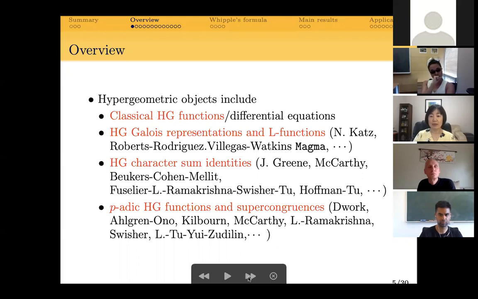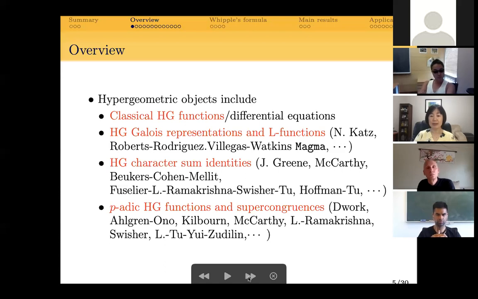He constructed L-functions that correspond to what we call hypergeometric data. And later, David Roberts, Fernando Rodriguez Villegas, and Mark Watkins used hypergeometric data and the corresponding L-functions to construct families of very nice, highly computable L-functions.